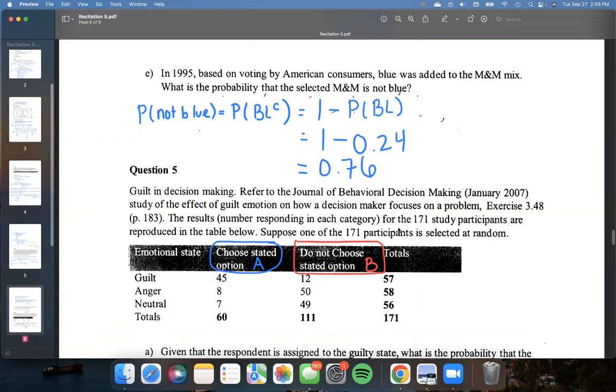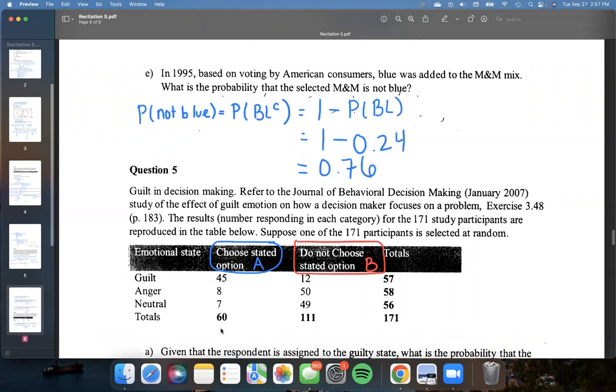So another way to visualize this is, let's say we put all of the participants, like their names or whatever, in a bag, and shuffle it up. So we have 171 names in a bag. And then if it's selected at random, you're going to randomly choose one name out of that bag or out of the hat.